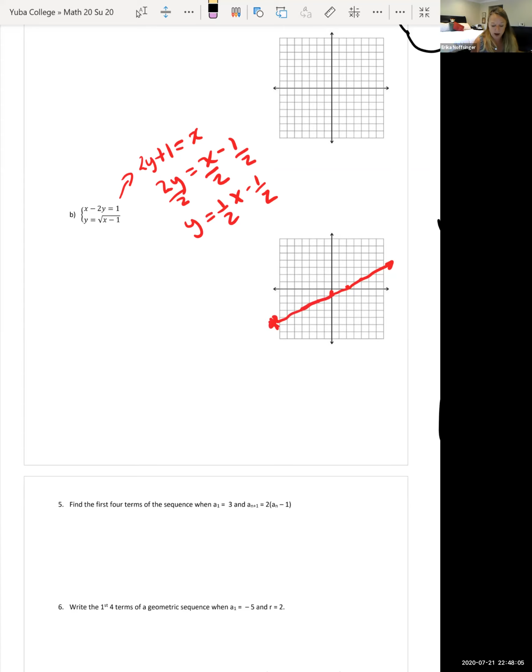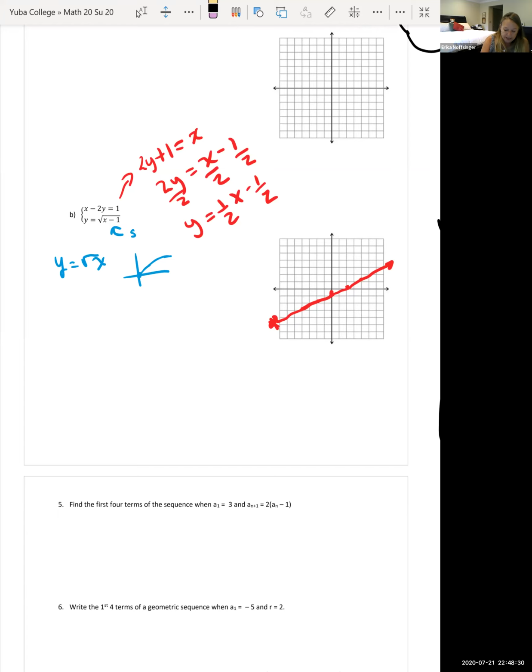The other one, y equals the square root of x minus 1. Well, that looks almost like y equals the square root of x, which is kind of like a half sideways parabola. This minus 1 is doing some shift.